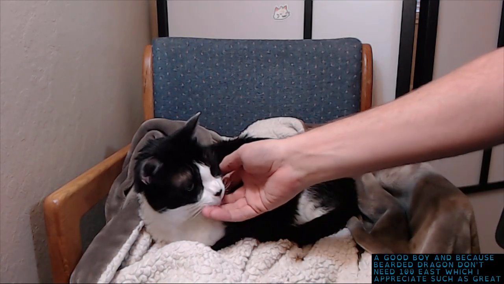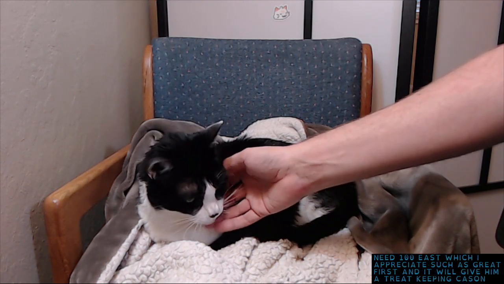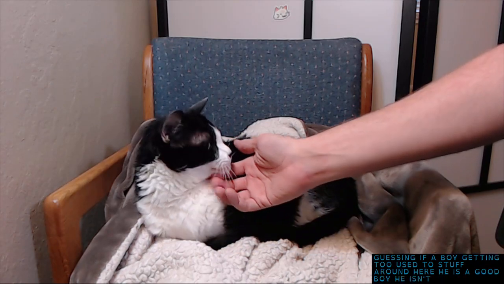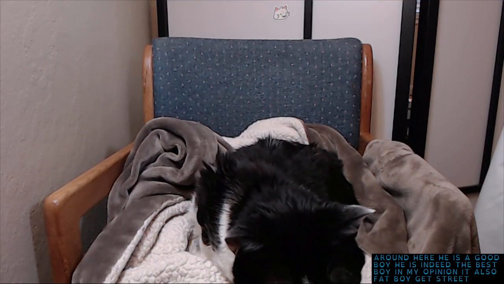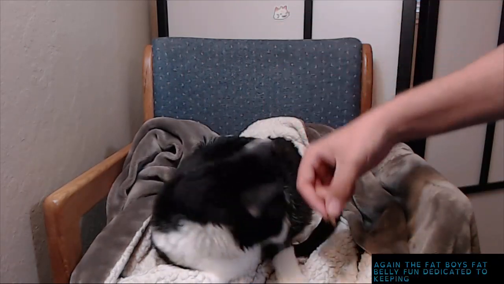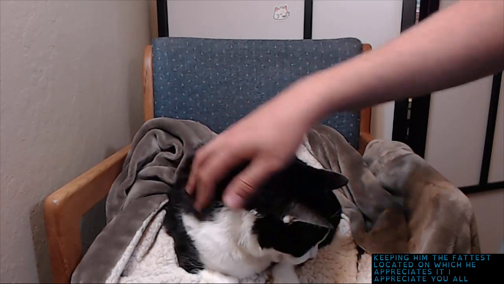The chin scritch first, and then we'll give him that treat. Okay, boy. Keep him guessing. Can't have Fat Boy getting too used to stuff around here. He is a good boy. He is indeed the best boy, in my opinion. And also, Fat Boy gets treat, and y'all get some kitty cam. Thank you guys for donating again to Fat Boy's Fat Belly Fund, dedicated to keeping him the fattest little kitty on Twitch. He appreciates it. I appreciate it. You all love it. It's a win-win-win.